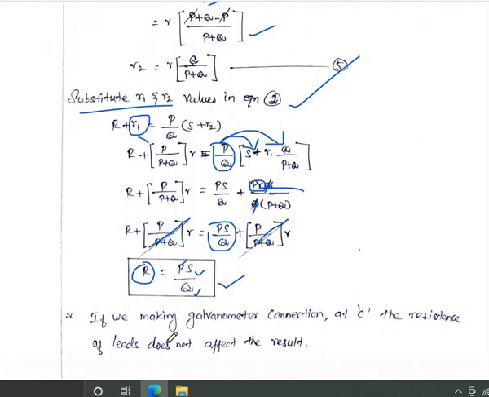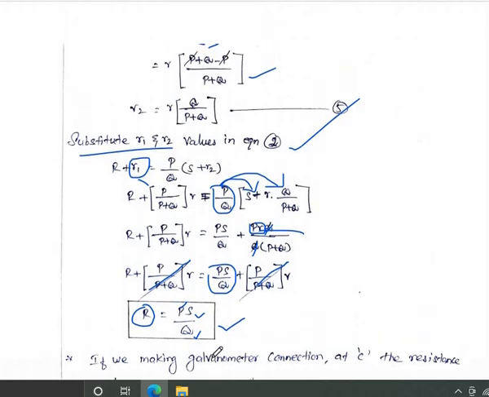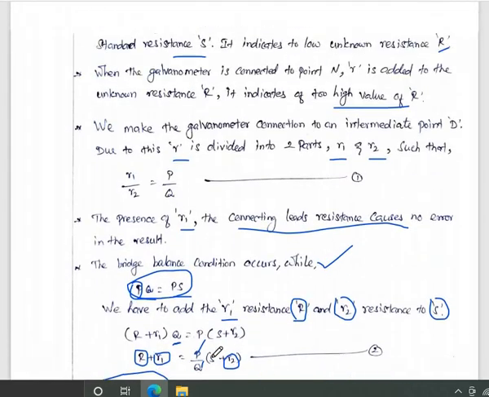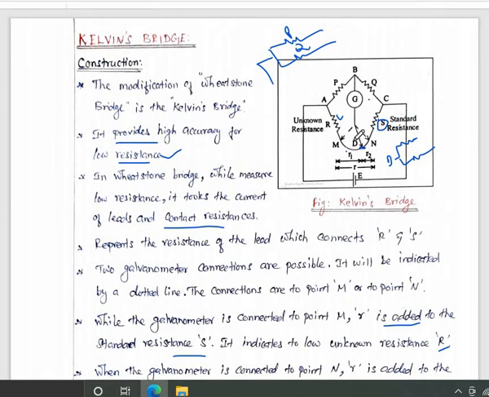Here if we make the galvanometer connection at C, the resistance of the leads does not affect the result. You just have to connect the galvanometer at point C, the galvanometer point. So there is no error, because we do not have to consider the standard resistance also.